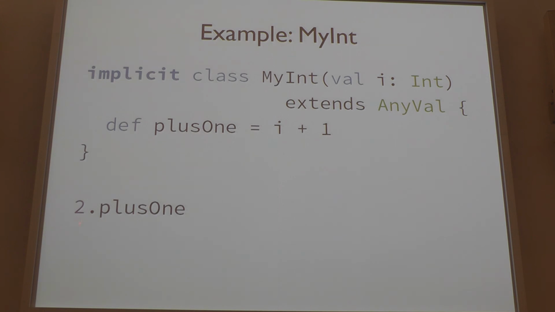You can just write your integer here and call the plusOne method on it, and it will be implicitly converted to MyInt, and everything will be fine. And by using AnyVal here, it will also be at runtime represented by primitive types of Java.